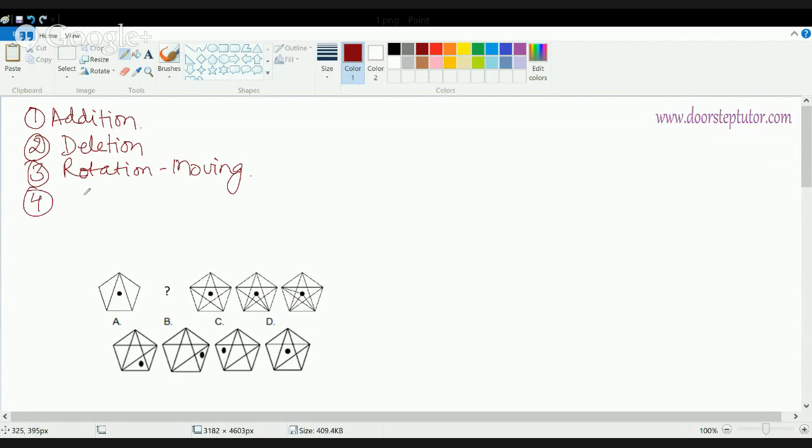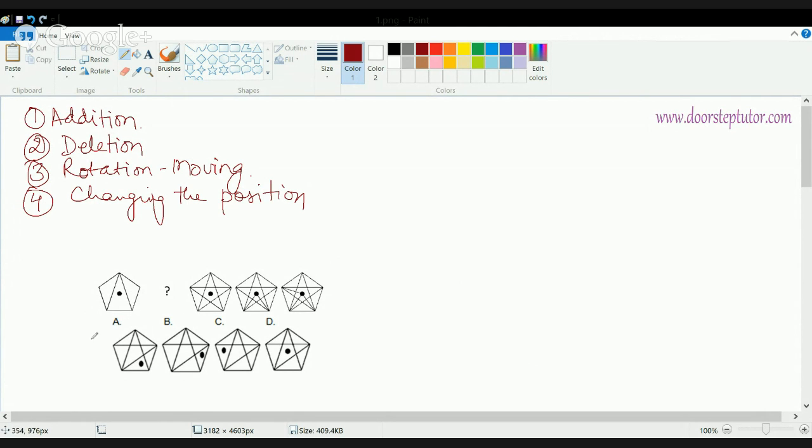And fourth is changing the position. So these are the commonly used techniques that are applied to this concept. We will be discussing a few examples, so let's try to make this topic much more clear with a practical session.